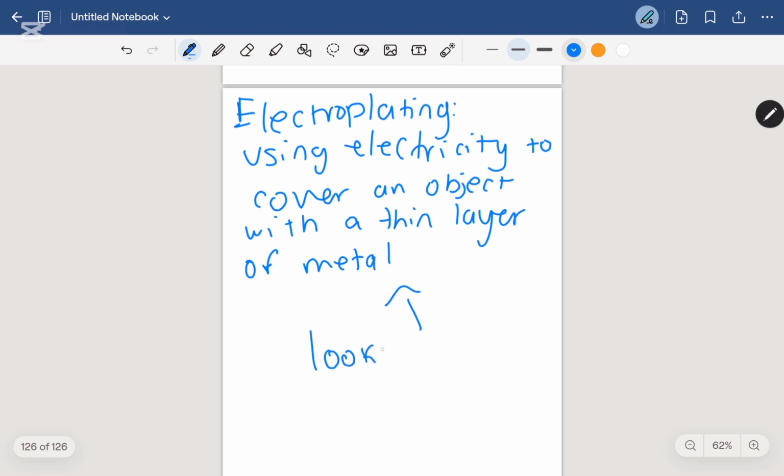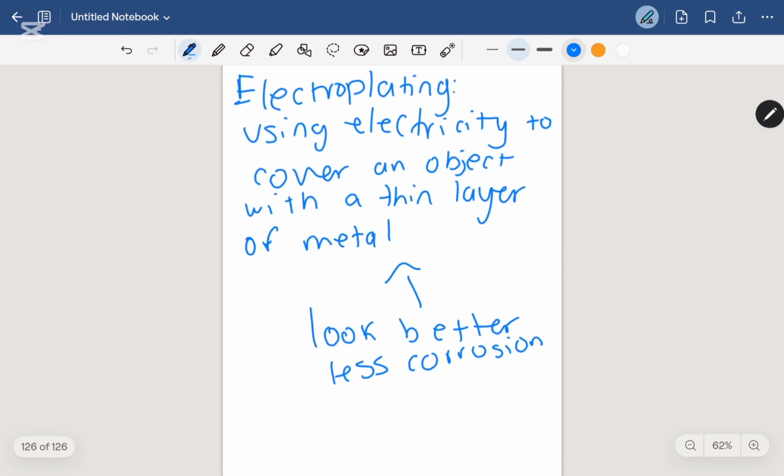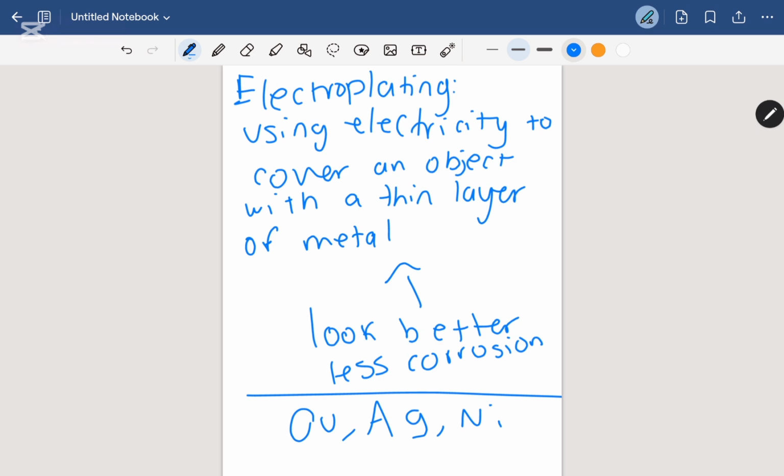Maybe for the material to look better, for less corrosion to happen, and many other reasons. Now, to electroplate something, the metal to be used is either Cu or Ag or Ni. Cu is copper, Ag is silver, and Ni is nickel.